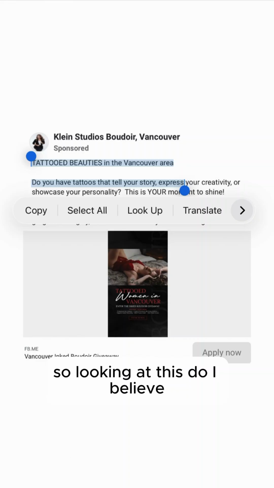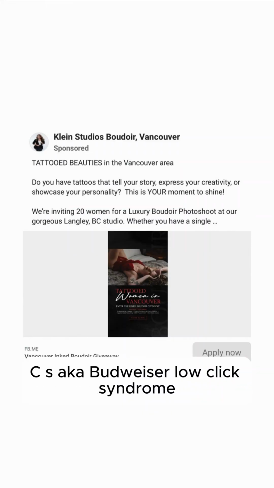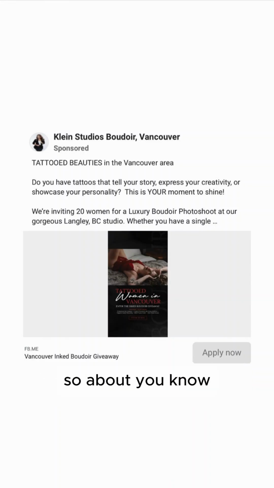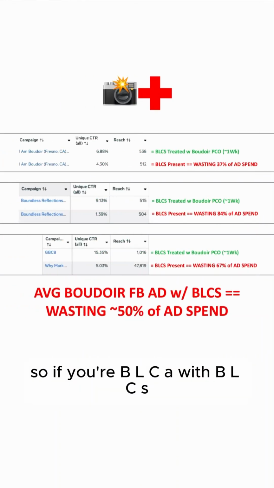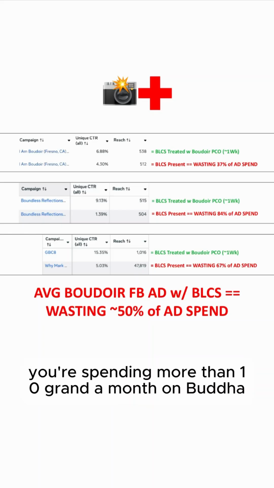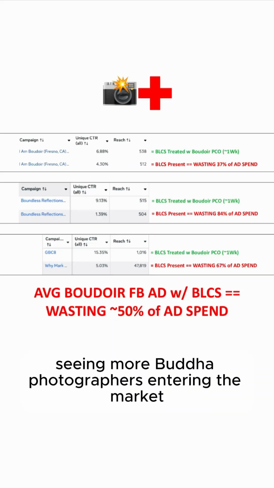So looking at this, do we believe this Boudoir Facebook ad has BLCS, aka Boudoir low click syndrome? Yes, I do. So I believe its unique CTRL is under 6%. So approximately half its money is being wasted every single month. So if you're a BLCA with BLCS, a Boudoir low click advertiser with Boudoir low click syndrome, and you're spending more than 10 grand a month on Boudoir Facebook ads, and you're looking into the marketplace, seeing more Boudoir photographers entering the market every single day.